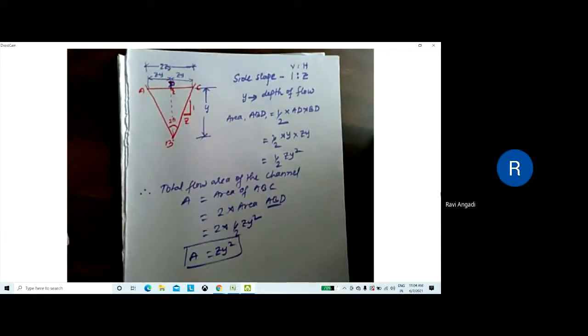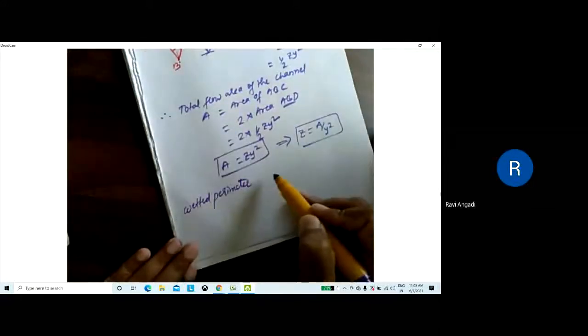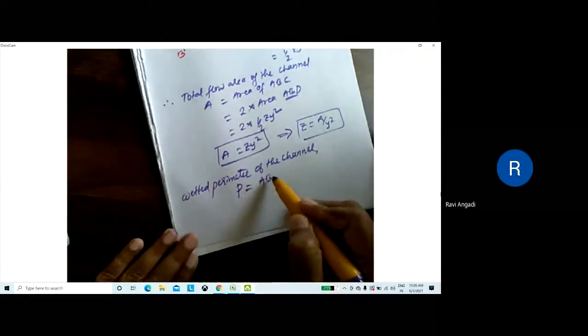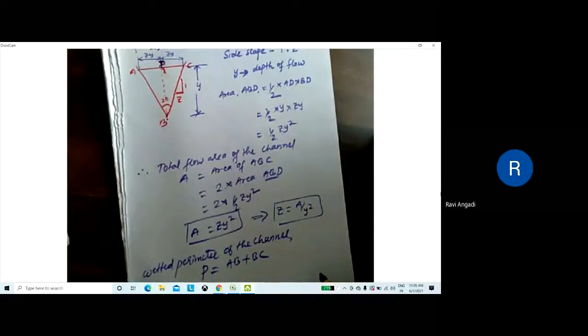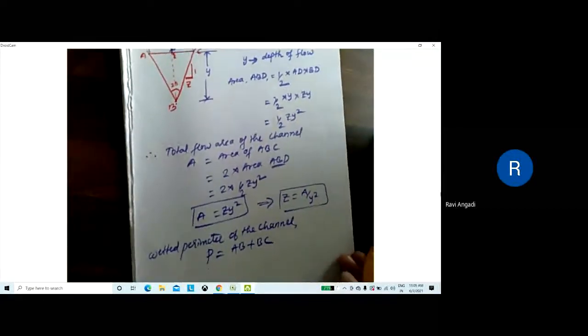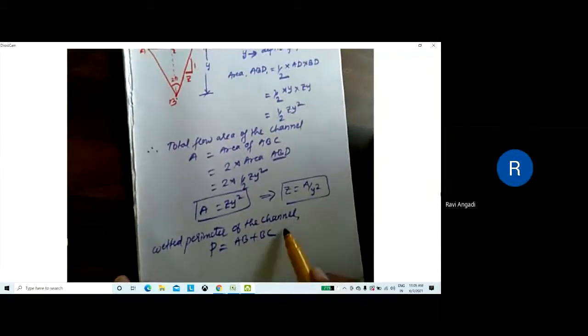Then from this, Z is A by Y square. Can anyone tell the wetted perimeter of the channel? P equals AB plus BC, yes? Or you can write it as 2 times AB only.